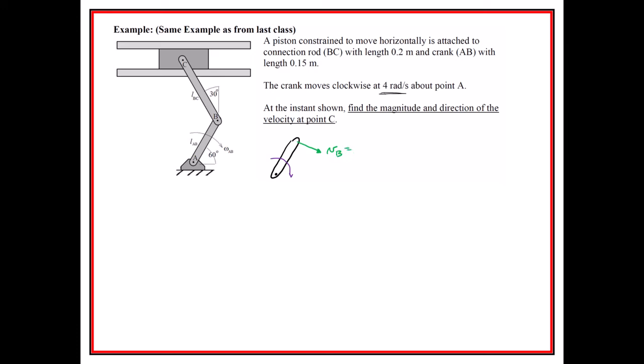It's going to be equal to that length AB times the angular velocity of AB. So that's going to be 0.15 times 4 radians per second, and we get 0.6 meters per second. We don't need to put the trailing zeros on there. I wanted to make this clear.